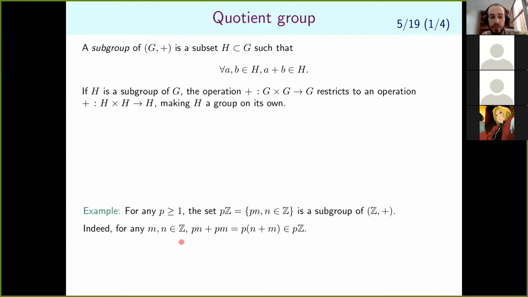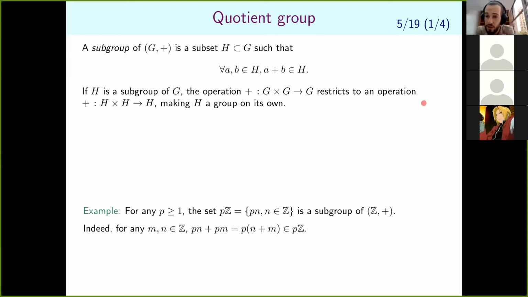So I take two elements of pZ. The first one could be pn and the other one pm. Their sum is p times (n plus m). This is still an element of my subgroup. So pZ is a subgroup.